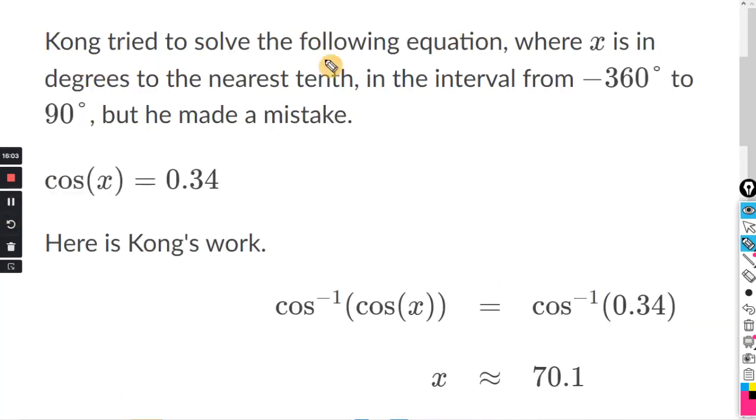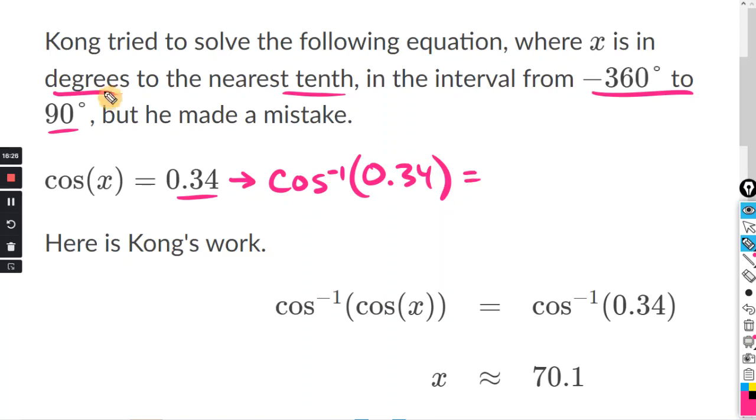Kong tried to solve the equation. X is in degrees to the nearest tenth. Interval is from negative 360 to 90. Okay, so here we are, cosine of x. Do the inverse cosine on both sides, and you're going to end up with inverse cosine of 0.34.